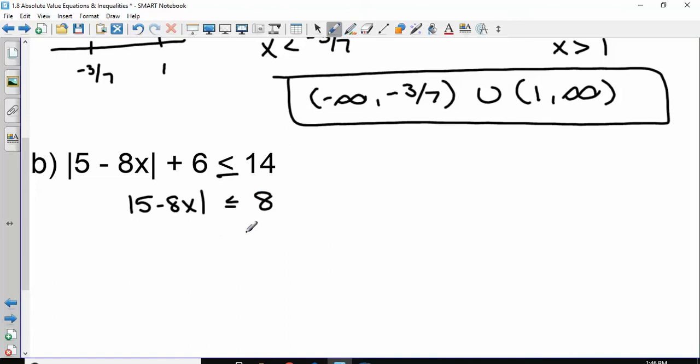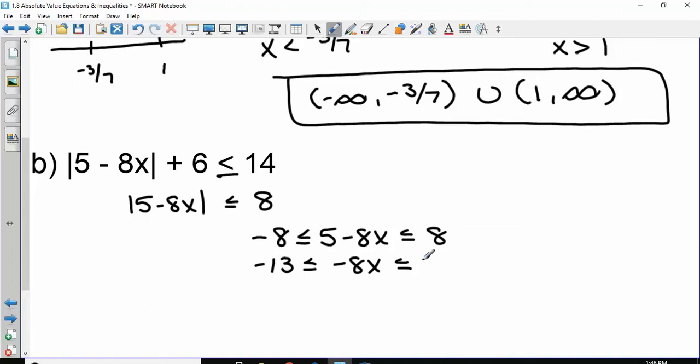First subtract your 6. Then we're going to put this between negative 8 and positive 8. So if you solve this, what happens now? Divide by negative 8, which flips these inequalities.